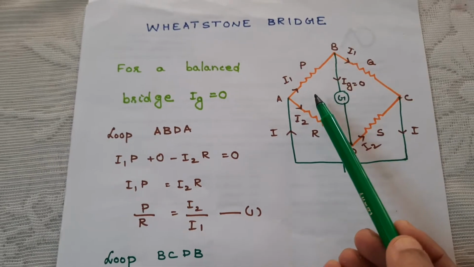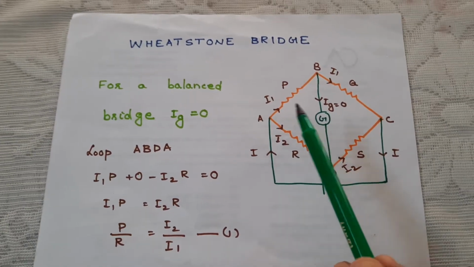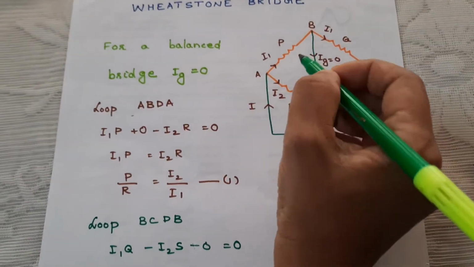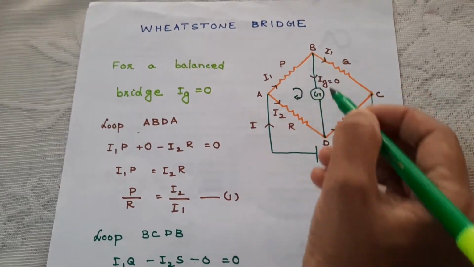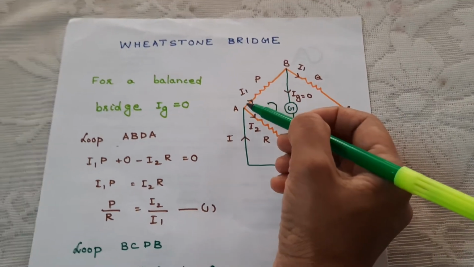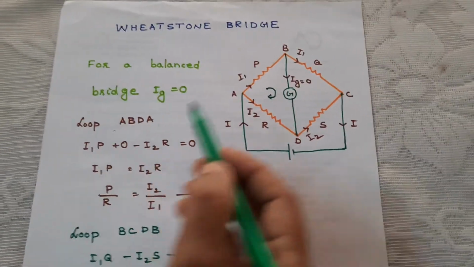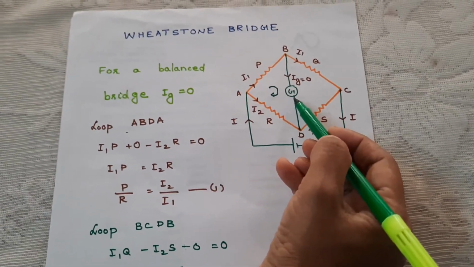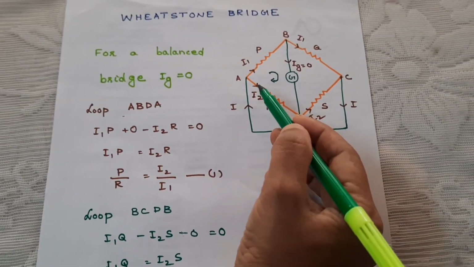And let us apply Kirchhoff's loop rule for the loop A, B, D, A. That is, we are analyzing the loop clockwise. The PD across P, that is I1P, plus the potential difference across galvanometer is 0, plus 0, minus I2R.